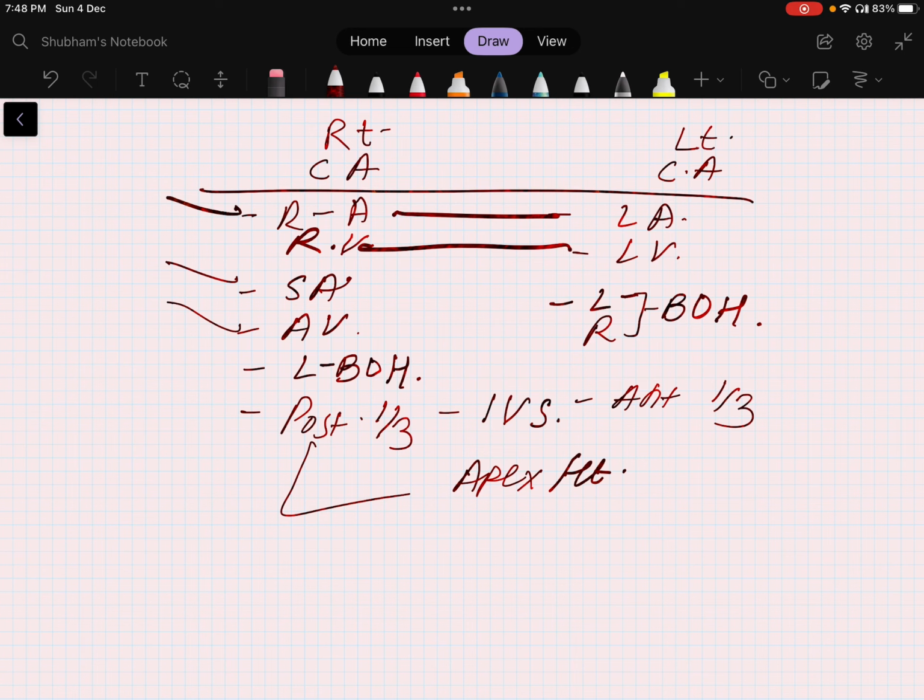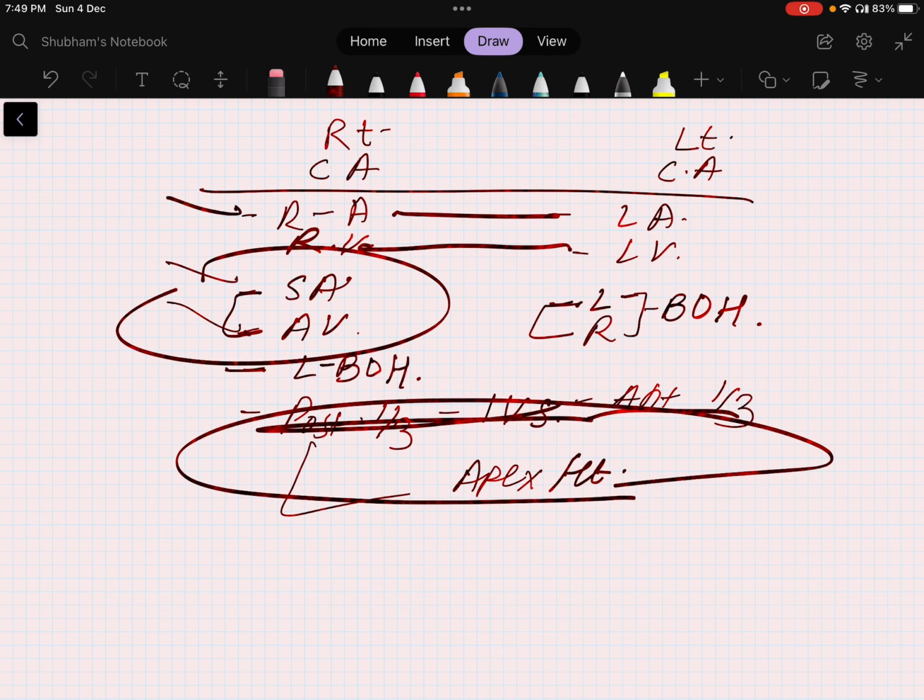If the right is supplying the right atrium and right ventricle, then the left supplies the left atrium and left ventricle. But the right supplies both of the nodes, so the left will supply both of the bundle of His. A small amount of the left bundle of His will be supplied by the right coronary artery, and the interventricular septum will be supplied by both of them, as will the apex of the heart. So the main differentiating part will be the SA and AV nodes.